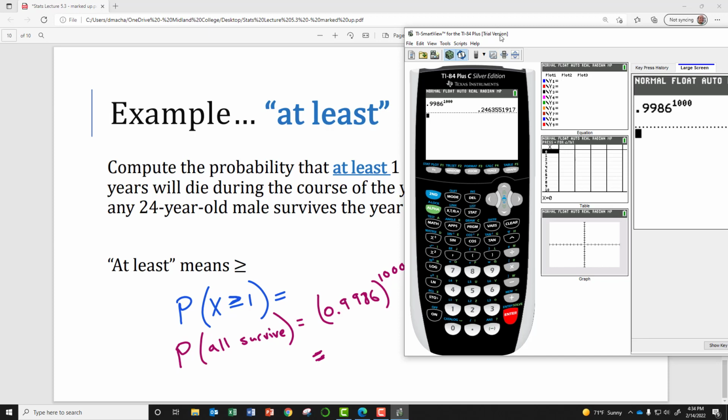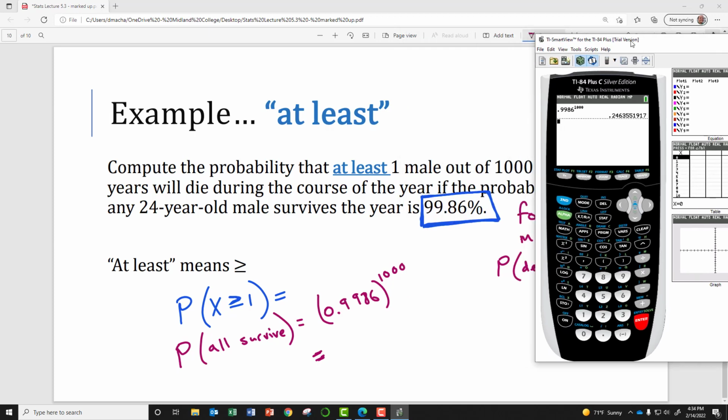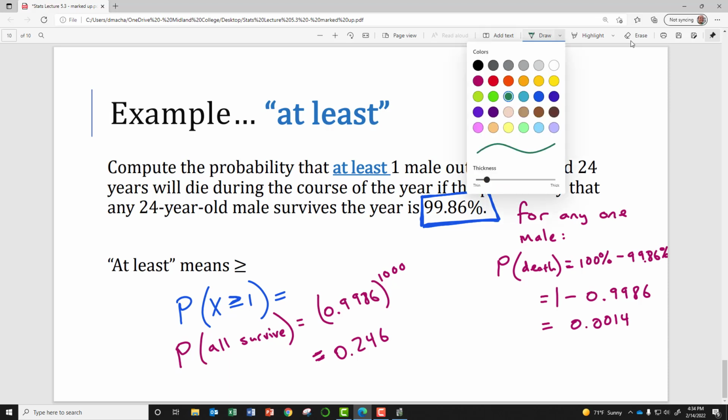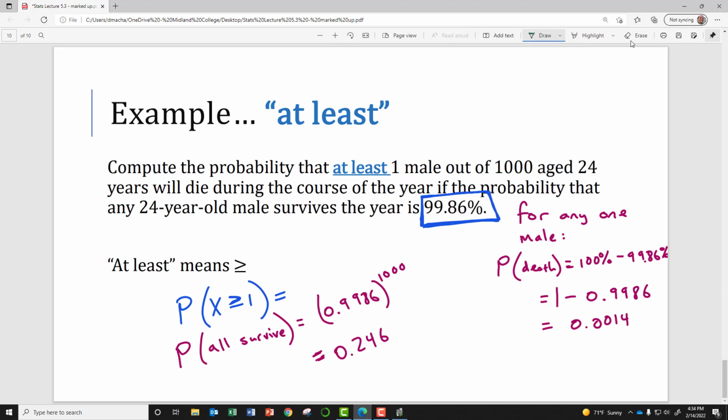That probability is 0.246. And again, this is the probability that everyone will survive, right? And so what we actually want is the probability that at least one dies. And so you'll notice sort of the complement rule in action here, because when we perform this experiment, or we follow these 1,000 males, there's only two outcomes.